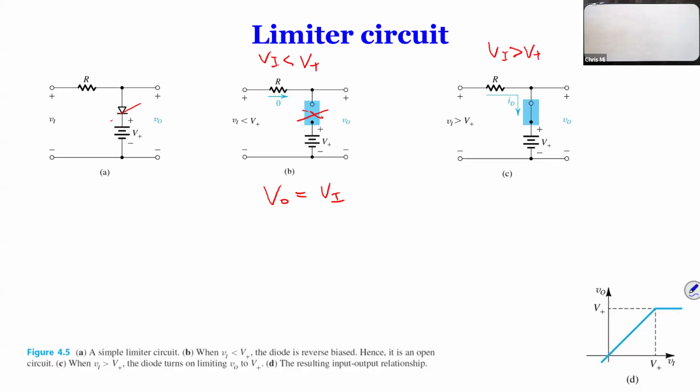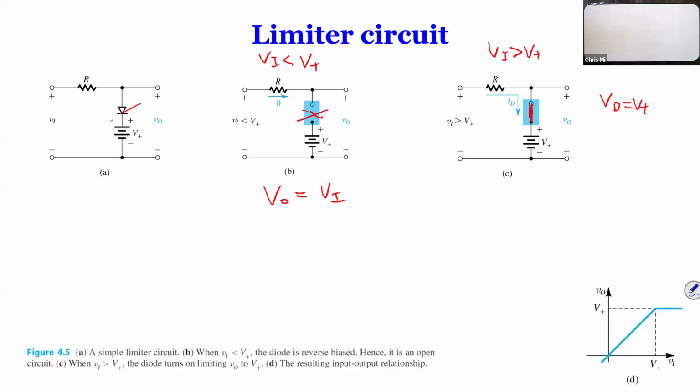The diode is going to conduct. It's going to conduct current, which means it's going to be 0 voltage. It's a short circuit. You guys see it's a short circuit. If it's a short circuit, you can see this VO is immediately just V plus.